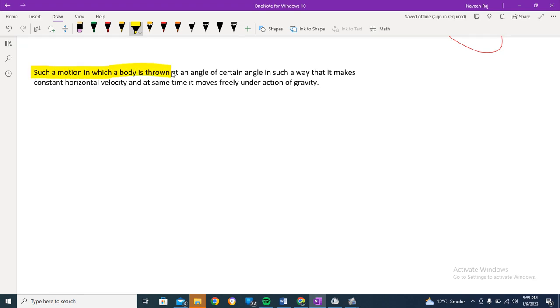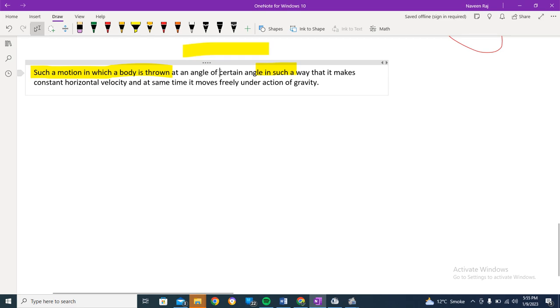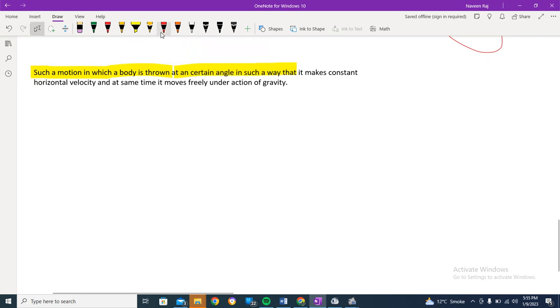Such a motion in which a body is thrown at a certain angle, in a way that it keeps a constant horizontal velocity, and at the same time moves slowly under gravity.